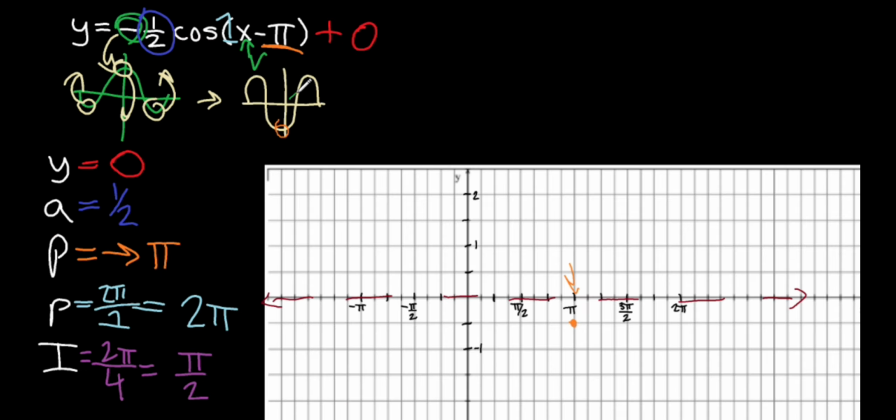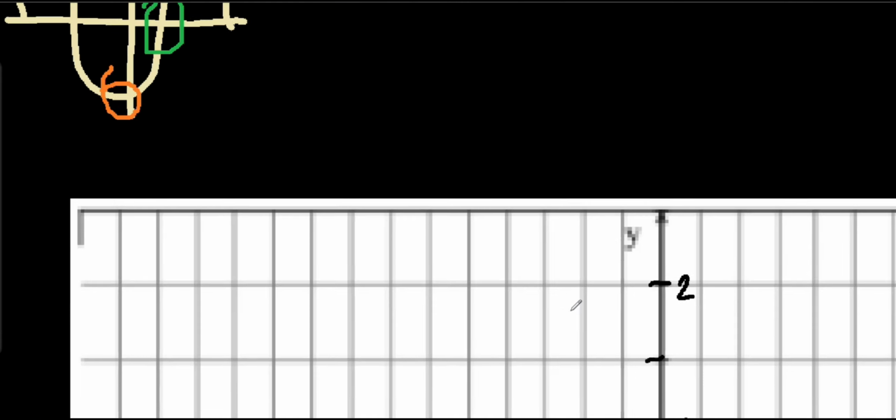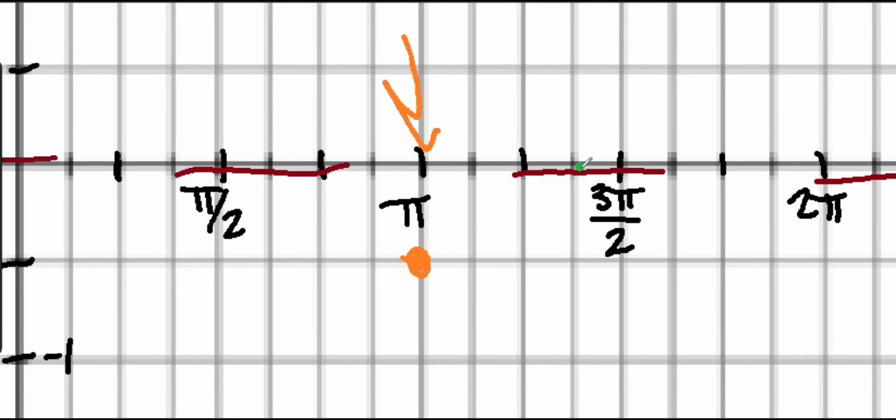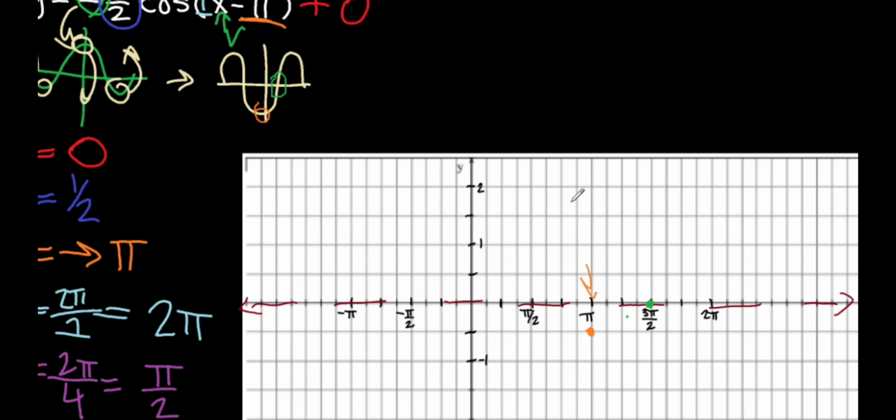Okay, our second point is on the midline. So we're going to use our increment and we're going to go right pi over 2 from our first point and then back at the midline. So it's going to be at 3 pi over 2, 0. Our next point is a maximum.